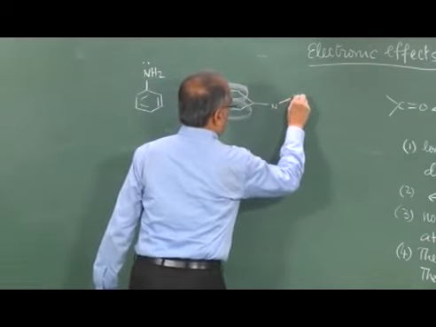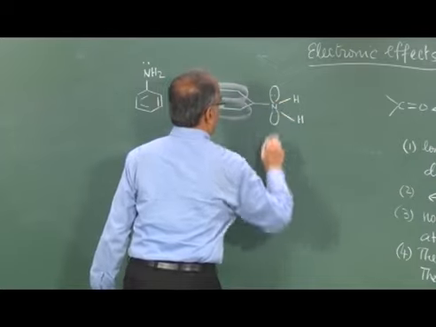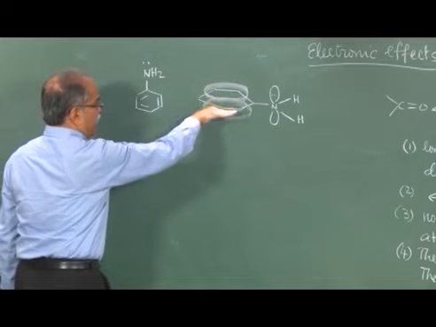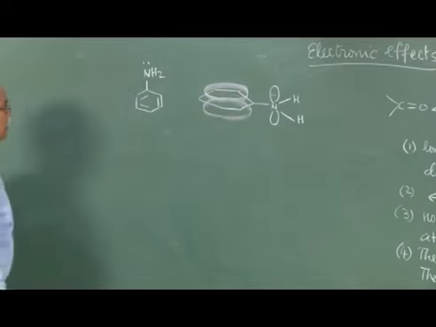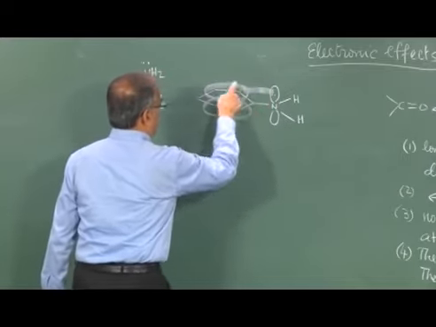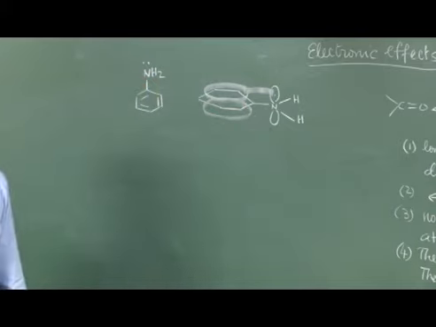If the nitrogen lone pair is also in the same plane as the plane of the pi electrons in the benzene ring, then there is a possibility of interaction between the pi electrons of the benzene and the lone pair of electrons of the nitrogen.